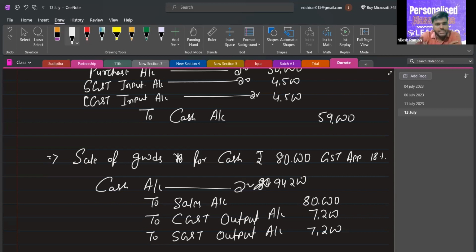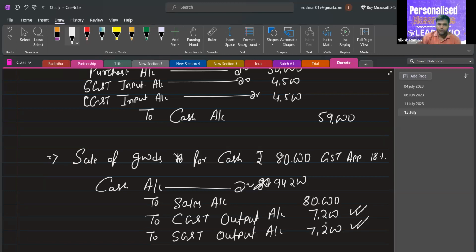Now, after all this, we have to pay the tax to the government. If we are selling goods, then this tax should be paid, yes or no? And we will collect this tax from our customer.